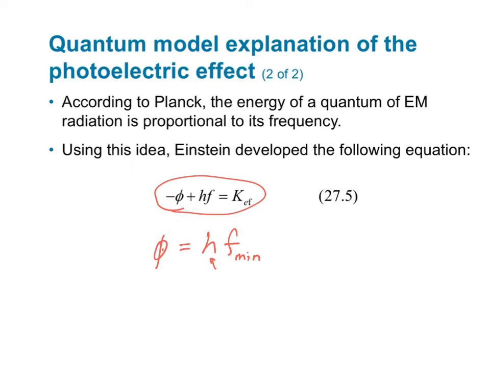So regardless of intensity, regardless of how bright the light was, there's a minimum frequency, and remember this is equal to energy. So this work function is basically measured in joules. It's just energy in joules. Actually, it's measured in electron volts because we need some small units. So you know how to convert joules to electron volts, I think, from earlier in the year.